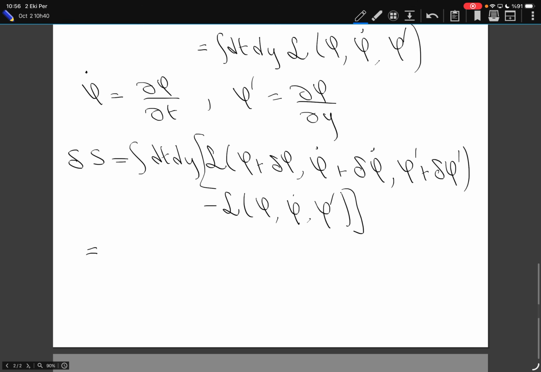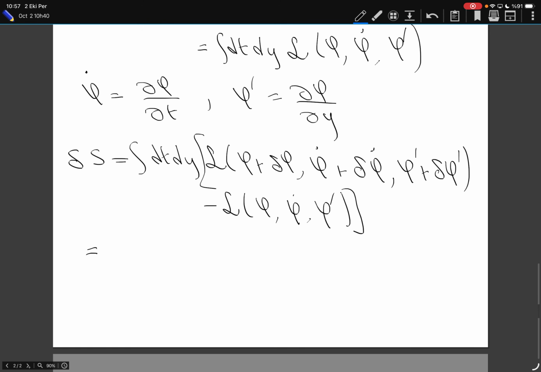Well, I can do the usual thing. I will assume delta phi dot and delta phi prime to be very small. That kind of restricts the kind of variations I have, but whatever the variation is, I want my action to be an extremum point, so the variation of S to be 0 for that variation.